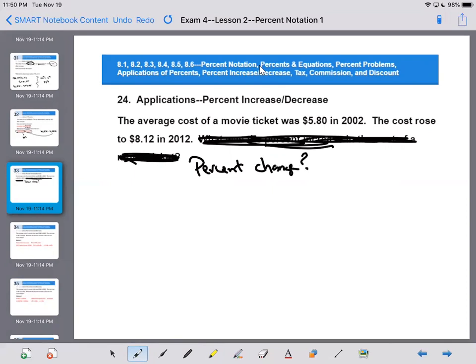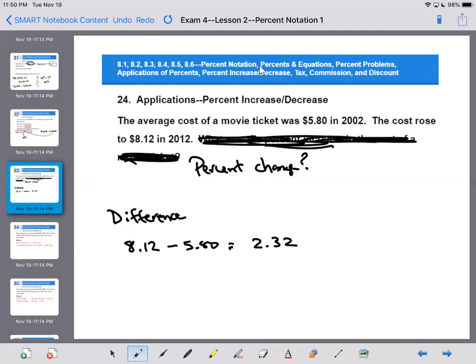For one, you want to figure out the difference in the two prices. The difference would be taking $8.12 and subtracting $5.80. So $8.12 take away $5.80, you're going to get a price difference of $2.32.